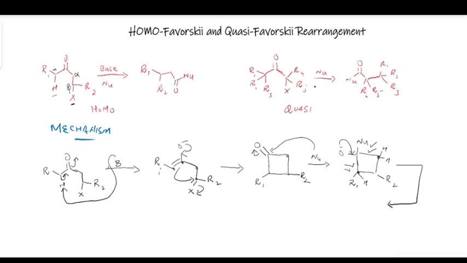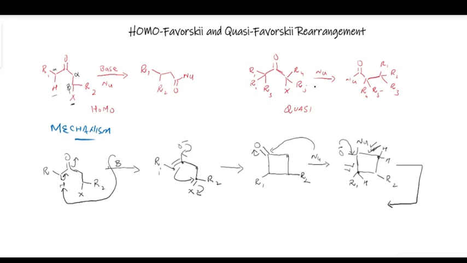So a primary carbanion is relatively more stable as compared to a secondary carbanion. So this collapse of the oxyanion will lead to the cleavage of this carbon-carbon bond, forming a primary carbanion.